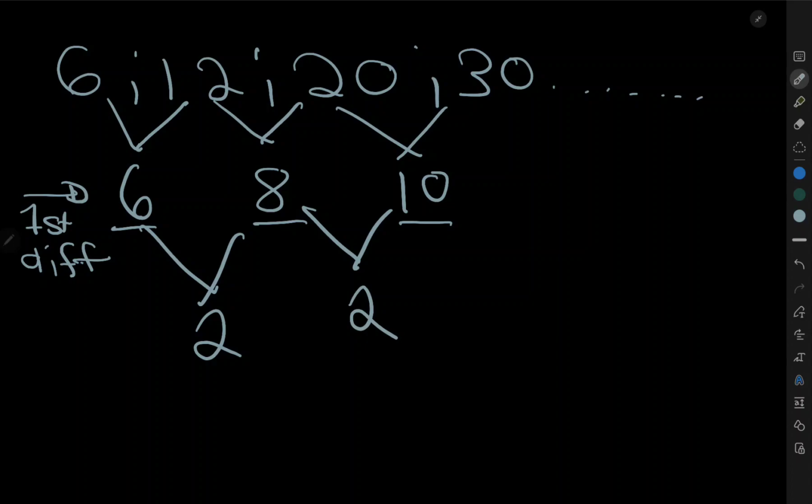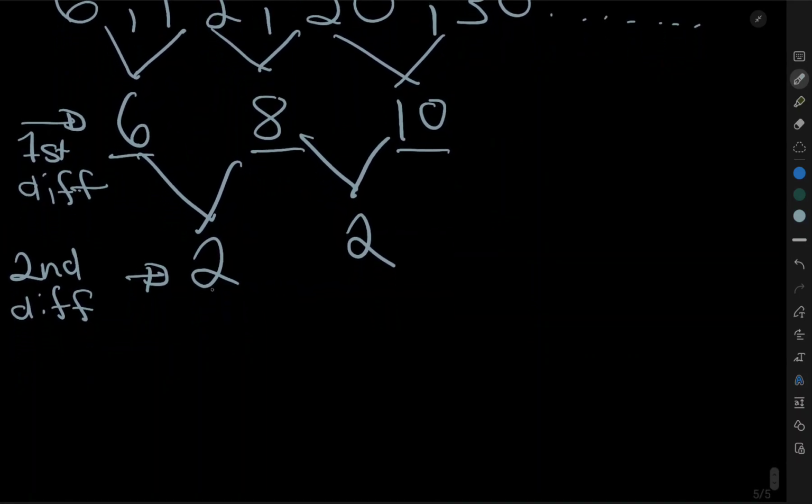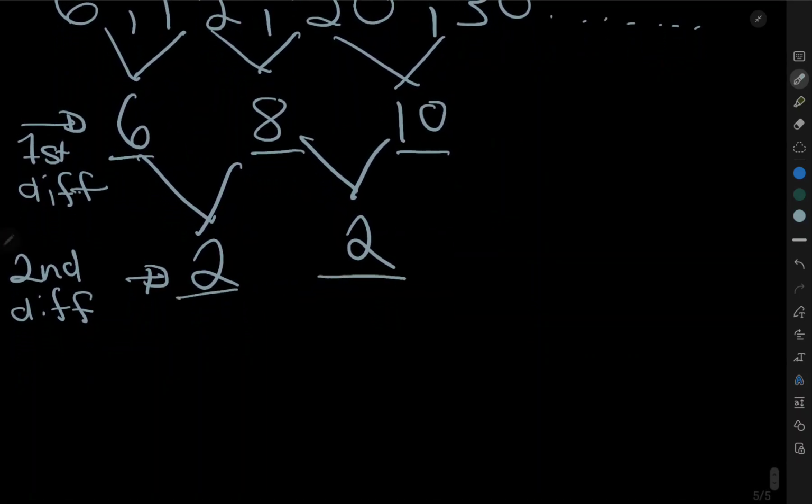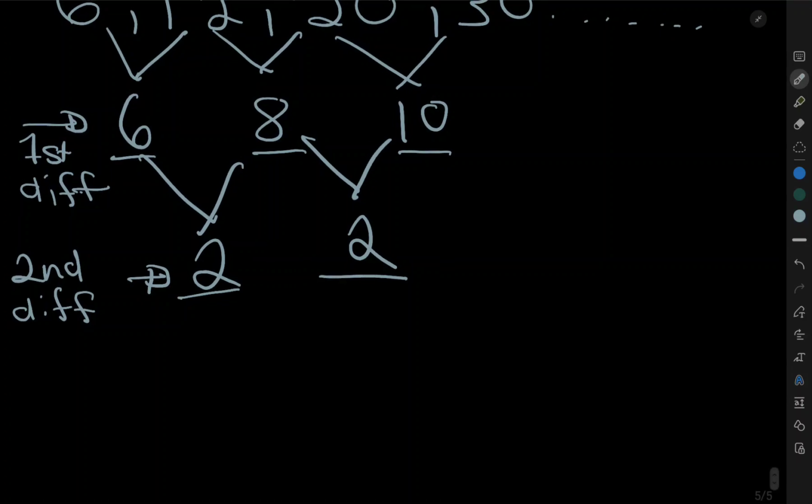So now we have our second difference. It's the one that has a constant difference, and it's the one we're going to use in order to calculate the general formula. So how do we use it?